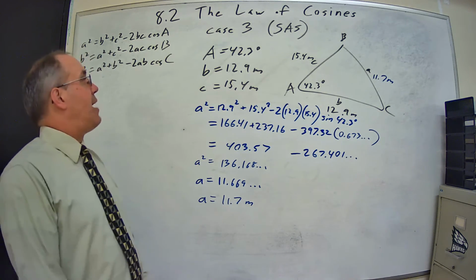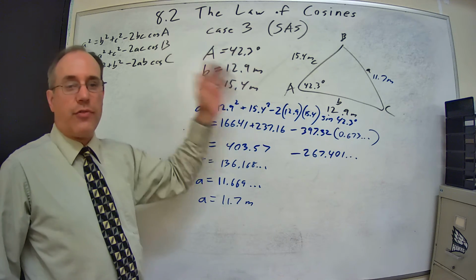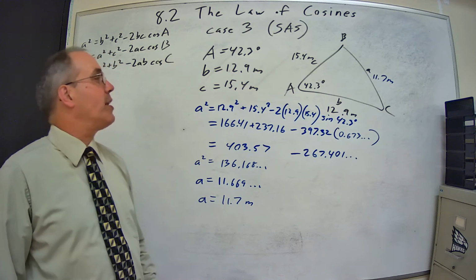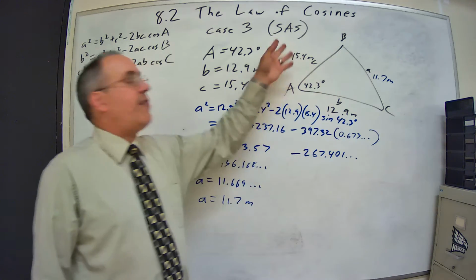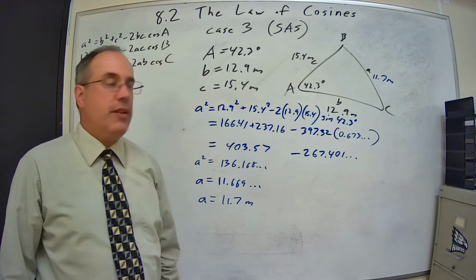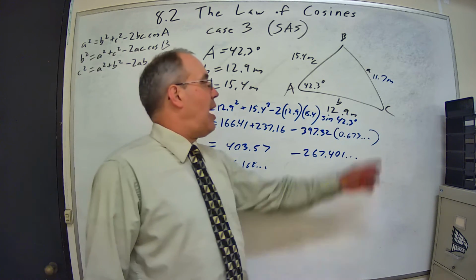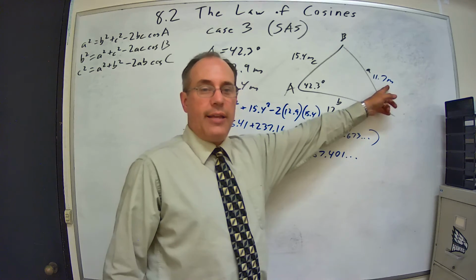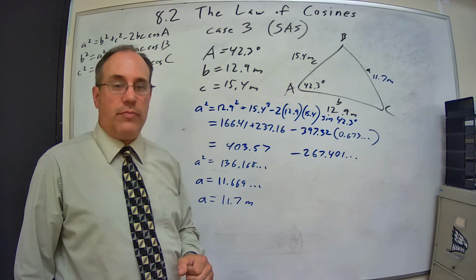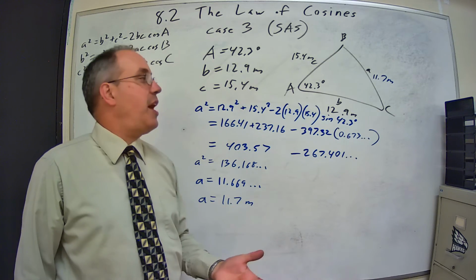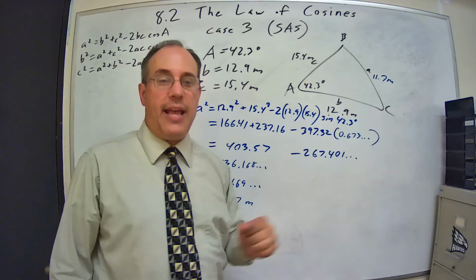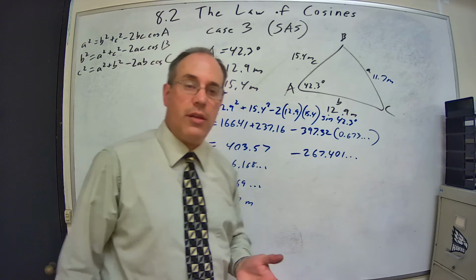Take note that you never use the law of cosines more than once in any problem. Whenever you're trying to solve a triangle, if you have to use the law of cosines, you use it once to get you either the missing side or a missing angle. Once you have done that, you now have a side opposite an angle that's known.